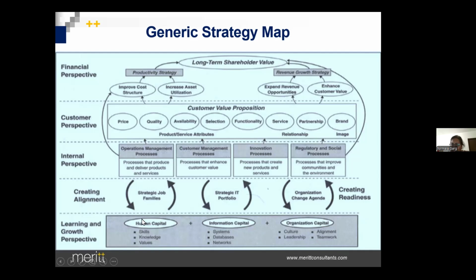Now, with all this happening at the learning and growth, what happens? This causes the internal processes. Say, for example, this is a retail store which is into clothes.